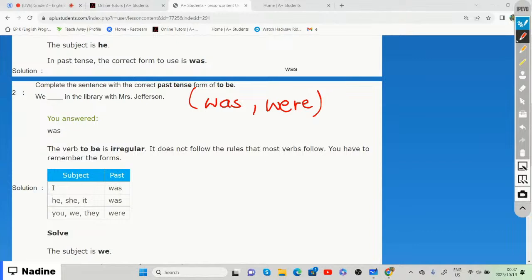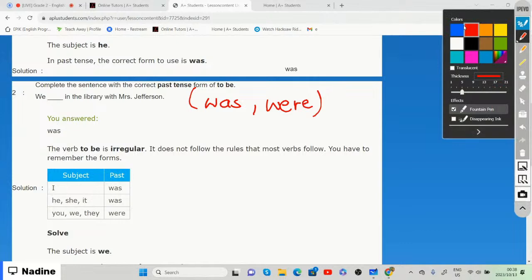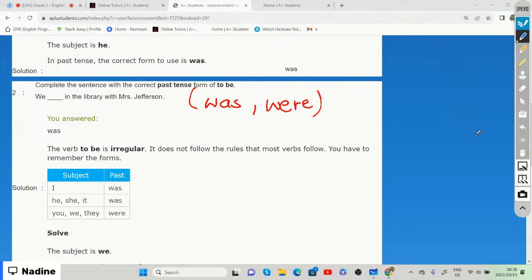Do we say we were in the library with Mrs. Jefferson or we was in the library with Mrs. Jefferson? All right, so we can then say we were, referring to more than one person doing something. We were. Was refers to one person doing something.